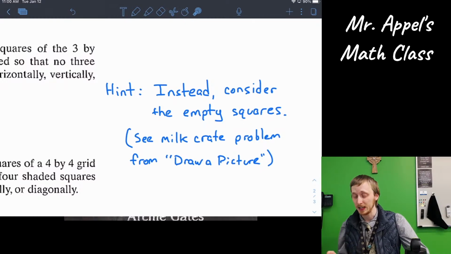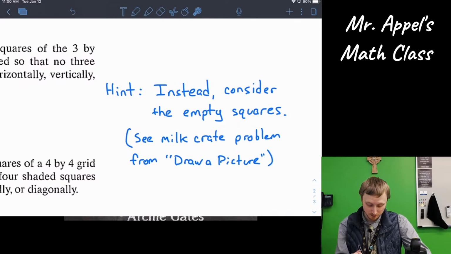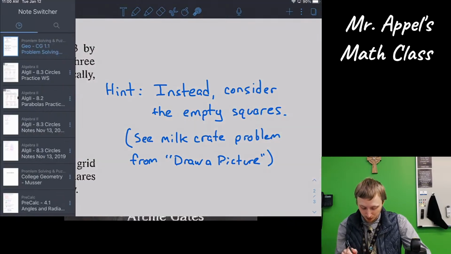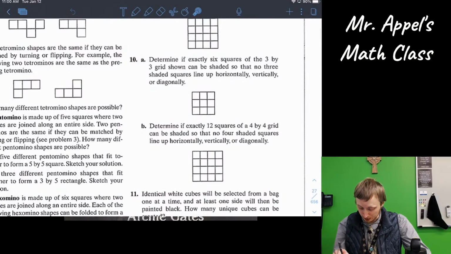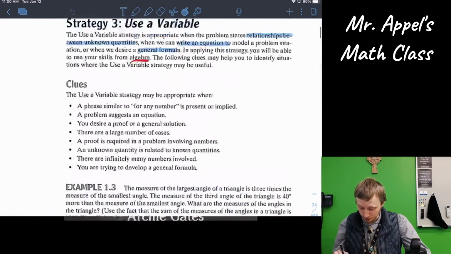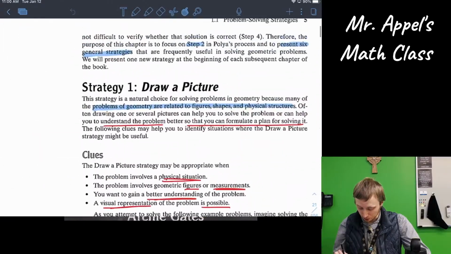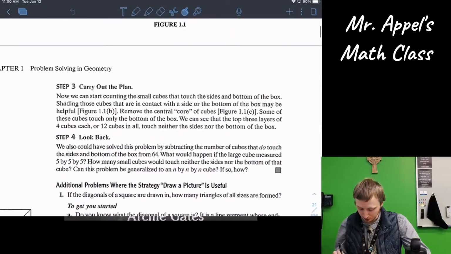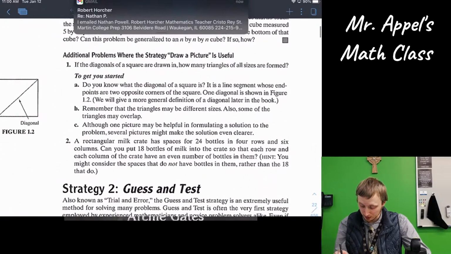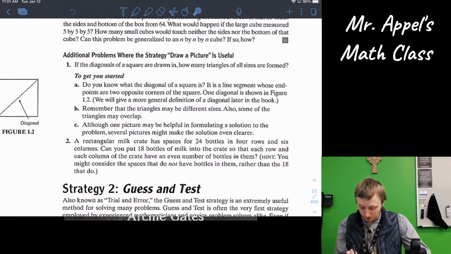Okay? And if you want an example of a similar problem, go back to the draw a picture section. From the text, there was the milk crate problem. Let me see if I can pull it up here. Nope, that's the question here. Guess and test. Draw a picture. Had the example, and then there was the additional problems. Okay, you had this guy right here. Additional problem number 2 for draw a picture.